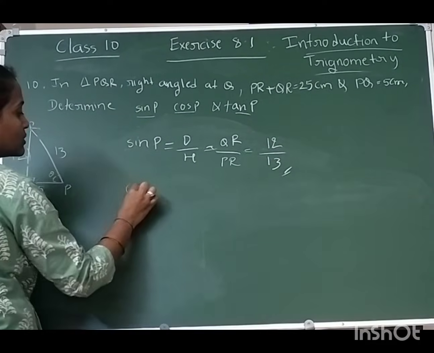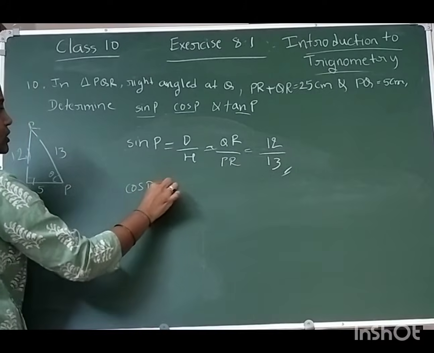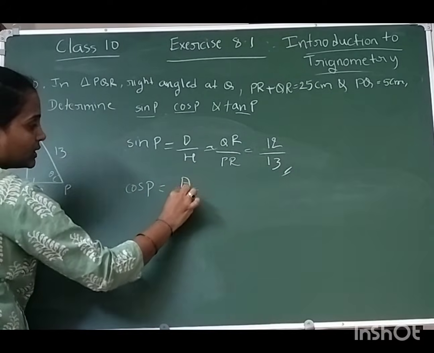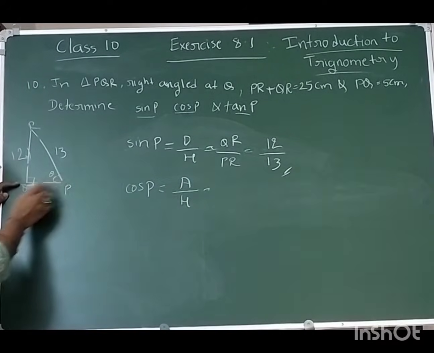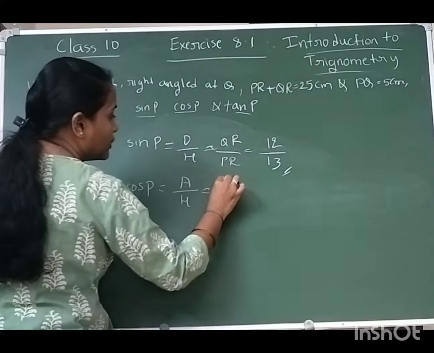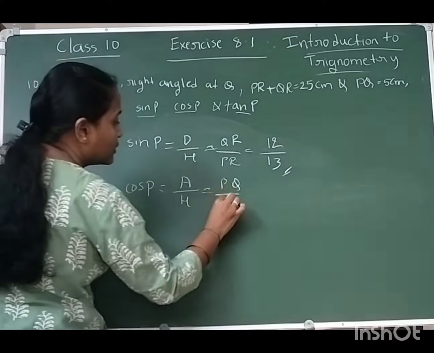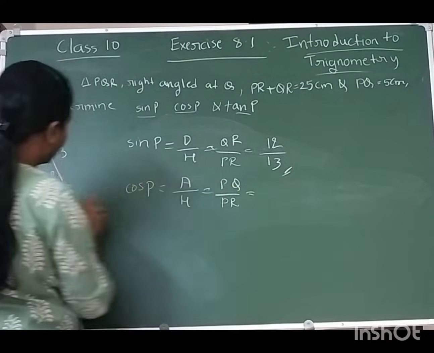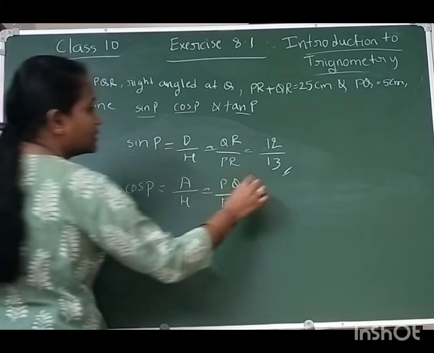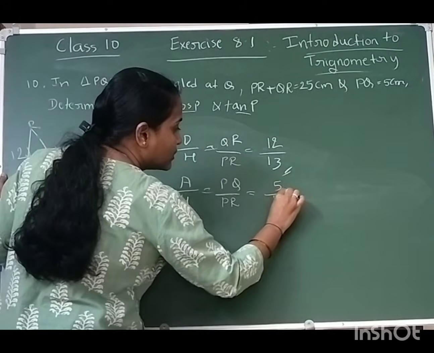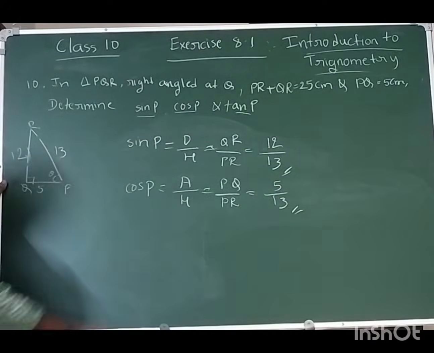Next we'll go to the cos P. Cos P is adjacent by hypotenuse. Adjacent is PQ and hypotenuse is PR. PQ is 5 and hypotenuse is 13. So we'll get cos P as 5 by 13.